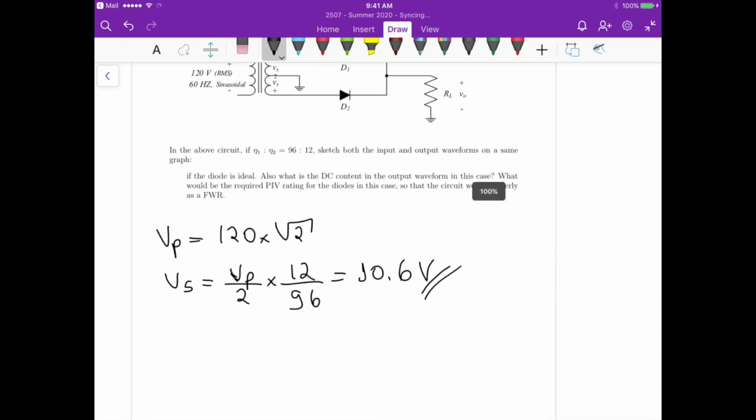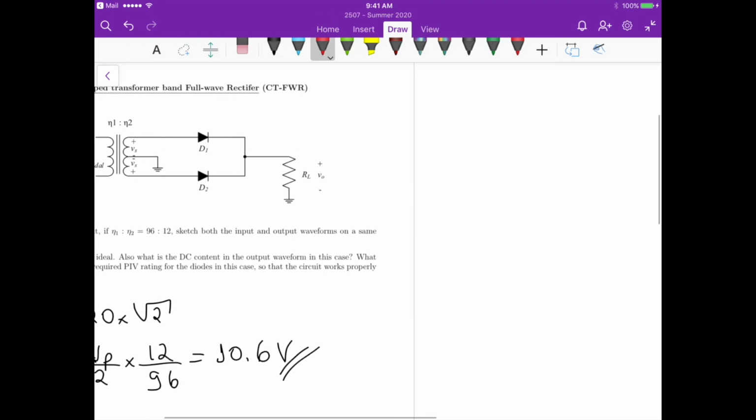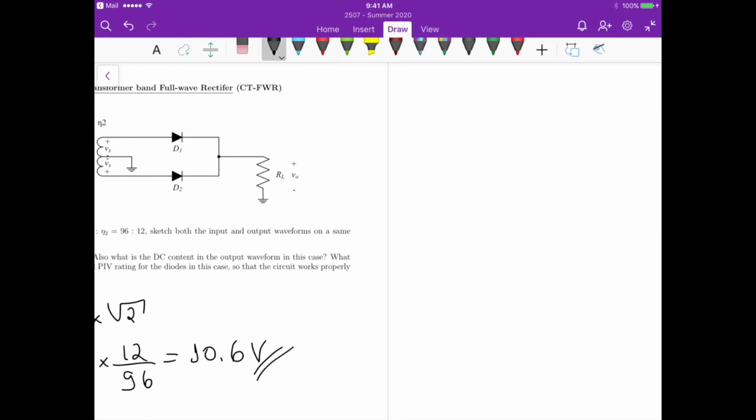Okay. Now, if we look at the circuit, on the positive cycle of the input, D1 is on, so we have current flowing. So let me just draw the two conditions. We have two voltage sources here, right?